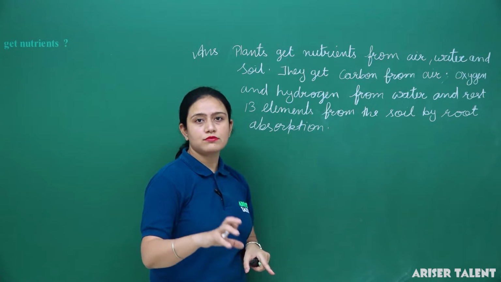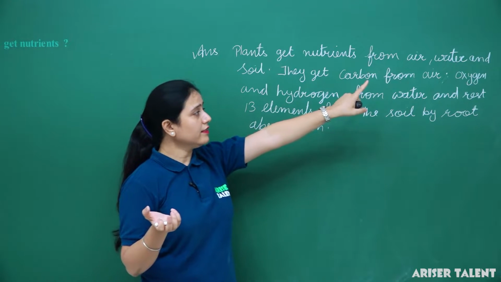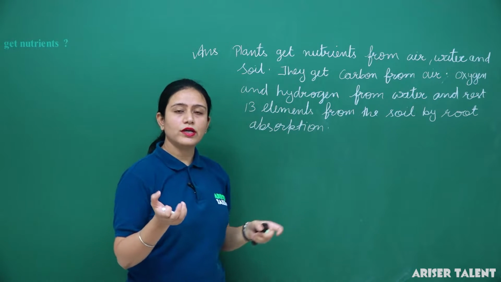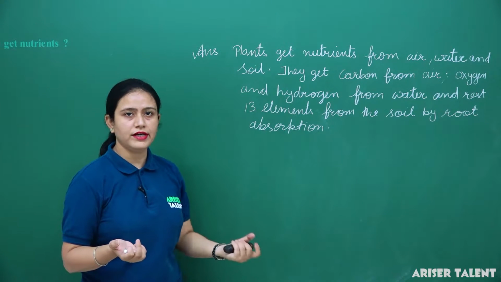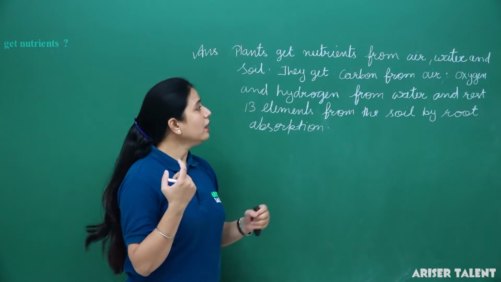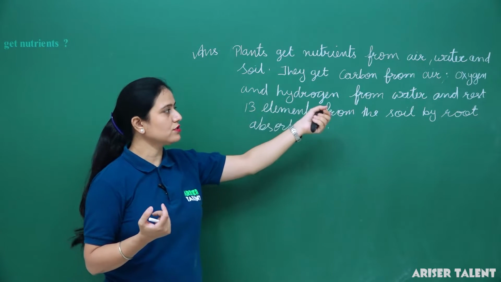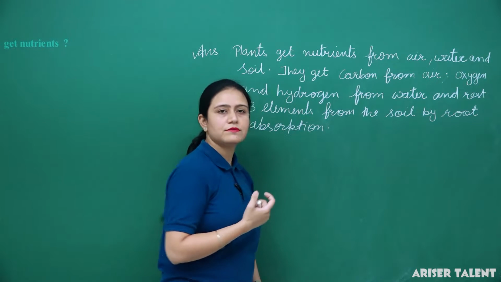The roots absorb water and minerals from the soil, and in water, oxygen and hydrogen are dissolved. So plants get oxygen and hydrogen from the water itself. Clear? So, this is the answer: plants get nutrients from air, water and soil. They get carbon from air, oxygen and hydrogen from water, and the rest 13 elements from the soil by root absorption.